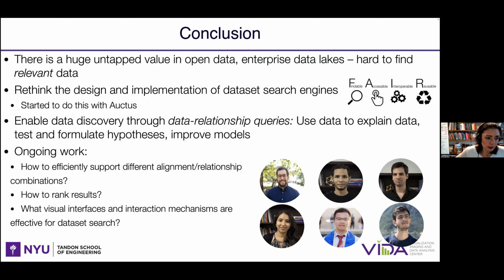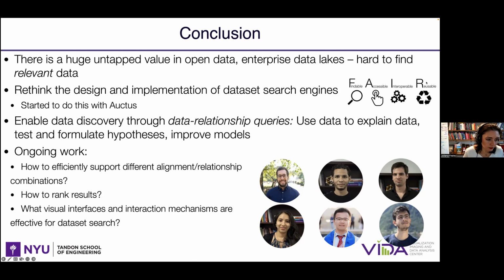I hope I made a good case that we actually have to rethink how we can design systems that enable people to effectively discover data. We started to do this here at NYU with Auctus, but I think that there's a lot more work to be done in terms of the findability part of the FAIR principles for data.